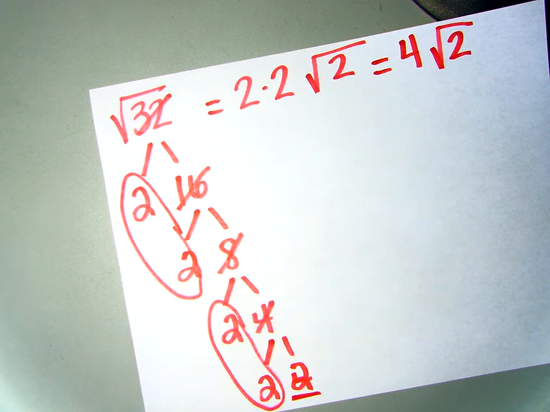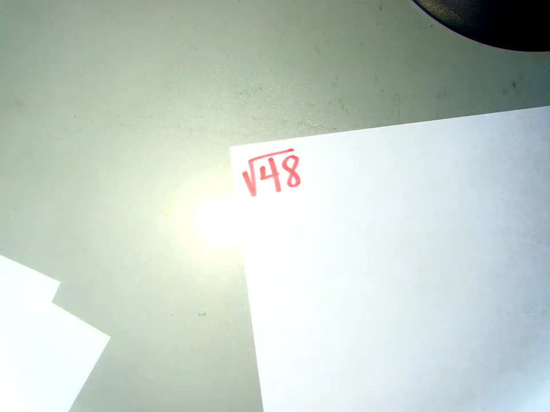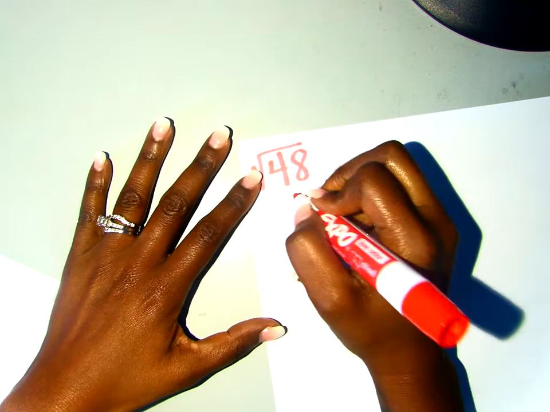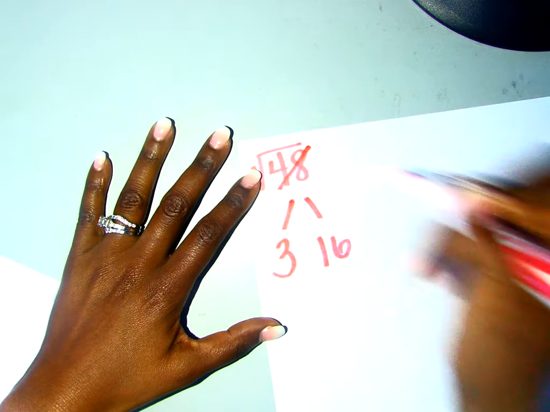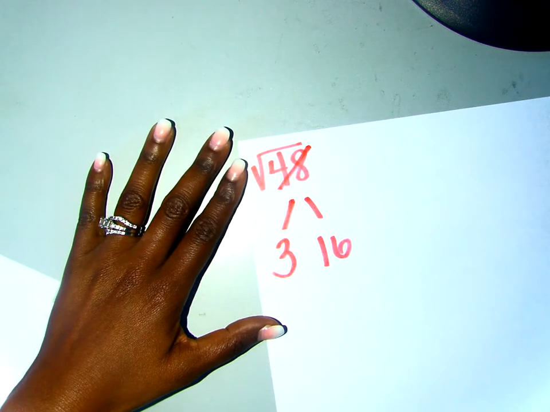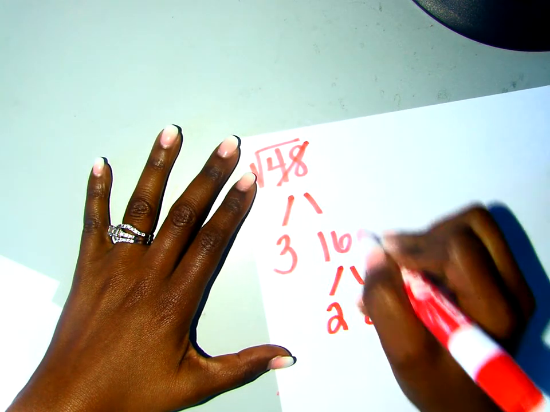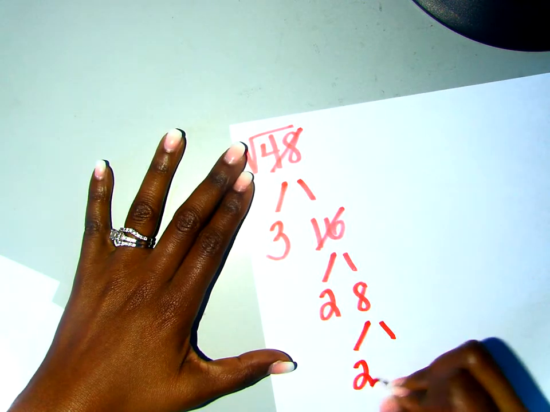Let's look at another example. Square root of 48. Again, let's try a different prime number. Let's try 3. 3 can go into 48 16 times. And I'm going to cross that out. Alright? 2 is a prime number, and that can go into 16 8 times. Cross that out. Again, we have 2 times 4.